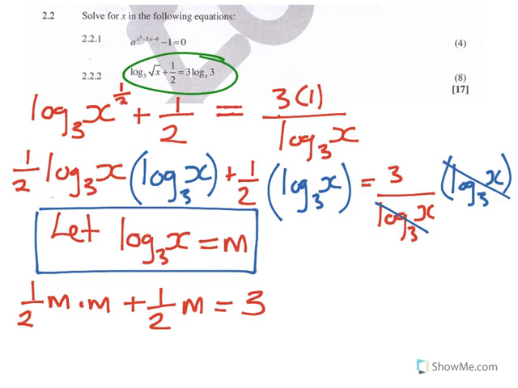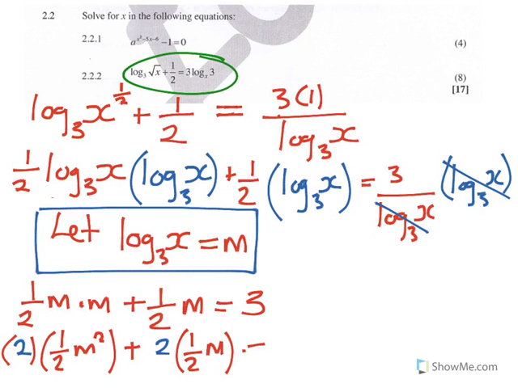Now to get rid of this half, you multiply everything by 2 again, like what we did with the distributive law. It's like you're saying 2 multiplying by 1 over 2. m times m is m squared, plus again the 2 multiplying by 1 over 2 m is equal to the 2 multiplying the 3. Again it is the distributive law.